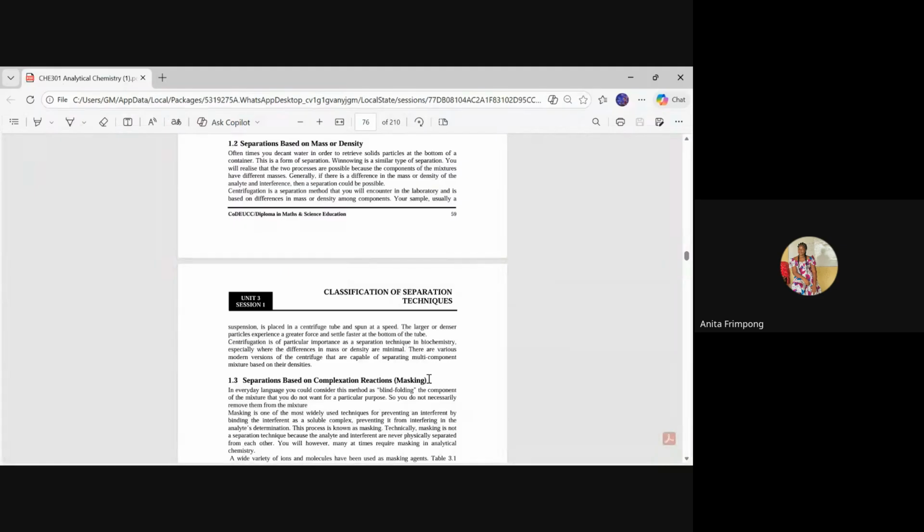Centrifugation is a separation method that you encounter in the laboratory and is based on differences in mass or density among components. Your sample, usually a suspension, is placed in a centrifuge tube and spun at a speed. The larger or denser particles experience a greater force and settle faster at the bottom of the tube.